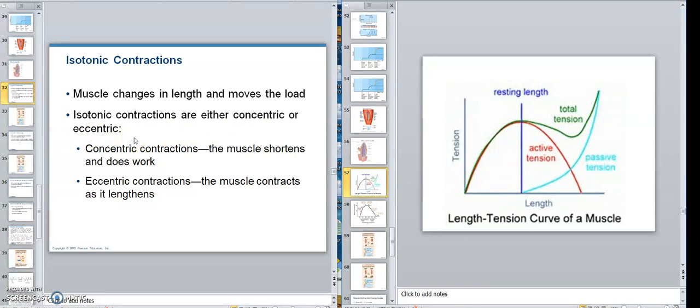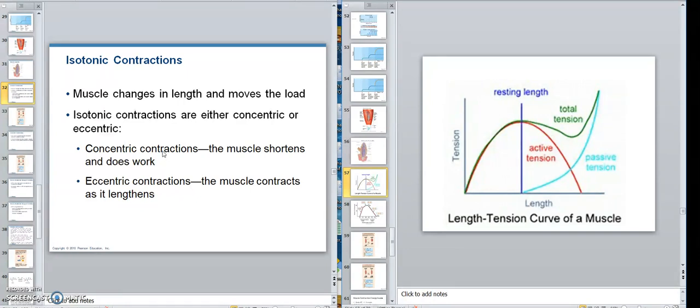What does that mean? A concentric contraction would be, let's say, I don't know how many of you exercise, we do what we call curls with a barbell. That's where you stand up, you flex your arms, and you have a barbell in your arms.